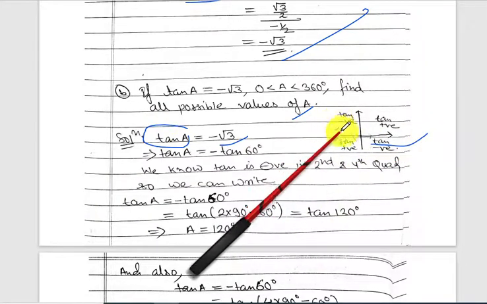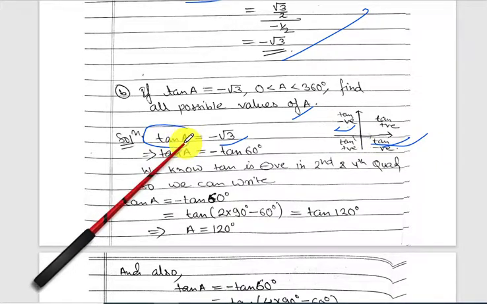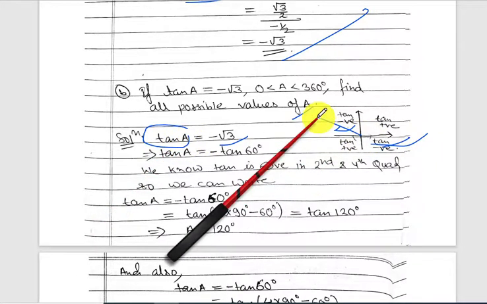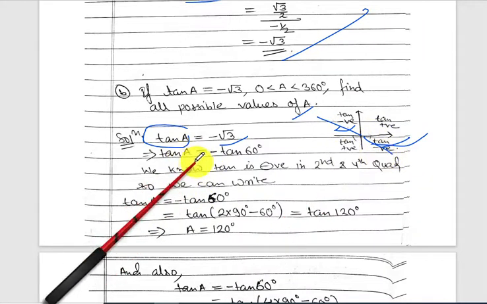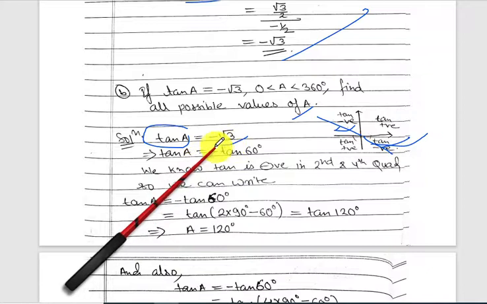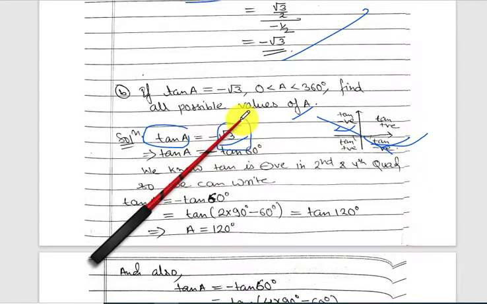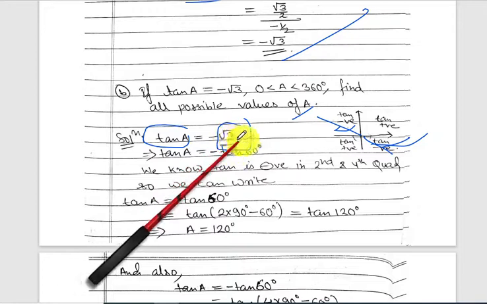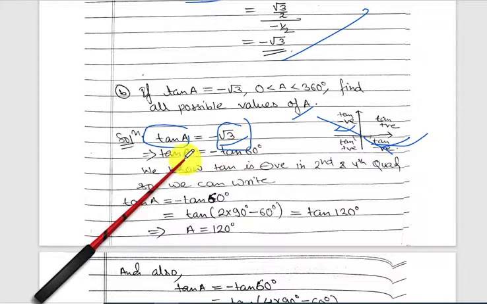That means we'll get two values of a, one in the second quadrant and one in the fourth quadrant. So tan a equal to minus root 3, and I know in the first quadrant, for 60, tan 60 you get root 3. So I can write tan a equal to minus tan 60.